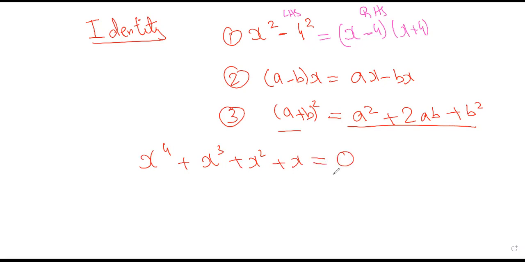It is going to be a conditional equation because you need some specific value of x in order to satisfy this equation. This does not hold for every value of x. What if I say x equals 1? This would be 4. What if I say x equals 2? This would be something else, okay? So for some specific value, and when you would factorize this, you would get 4 factors.